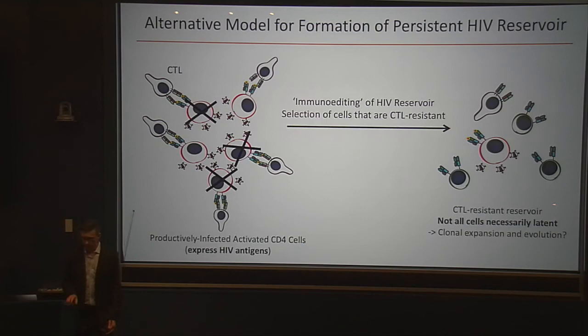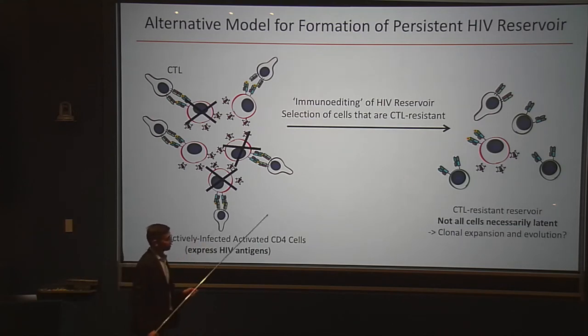What we want to add to this model is this idea that there could actually be some selective pressure here. If there's some difference in the intrinsic susceptibility of that cell to being killed, then maybe the cells that survive this process are cells that have an intrinsic resistance to elimination, either because of some intrinsic property of that cell or where that HIV happens to integrate.